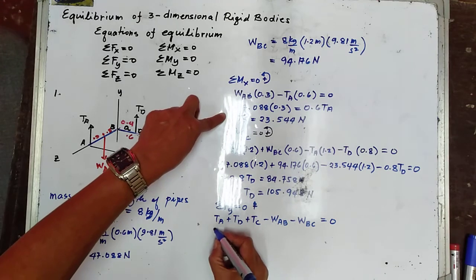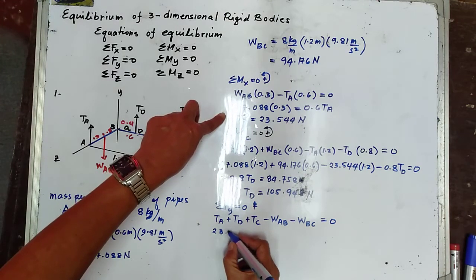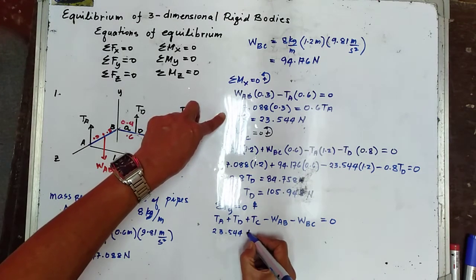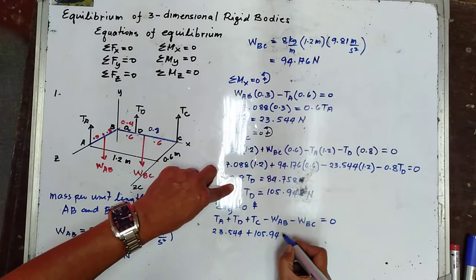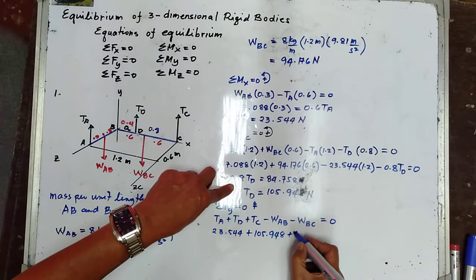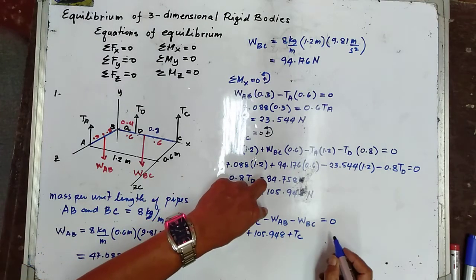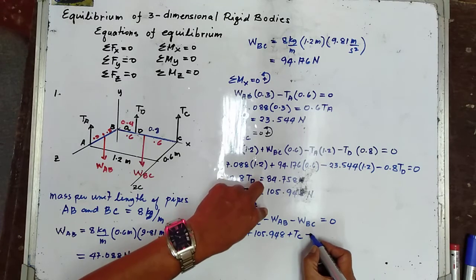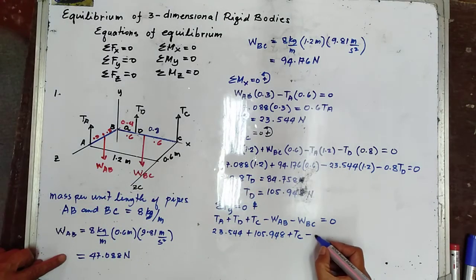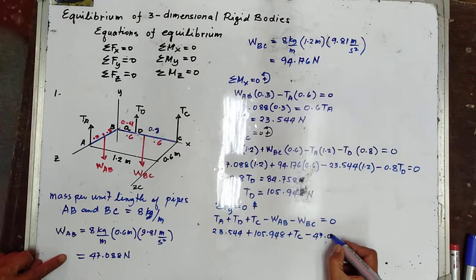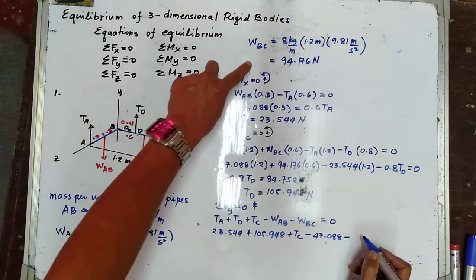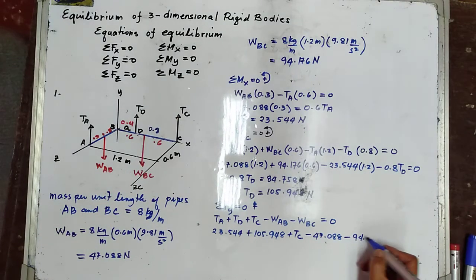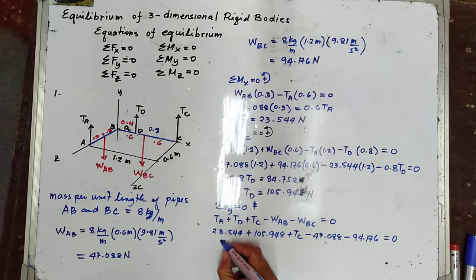So TA is 23.544 plus TD 105.948 plus TC minus WAB 47.088 minus WBC 94.176 is equal to 0.